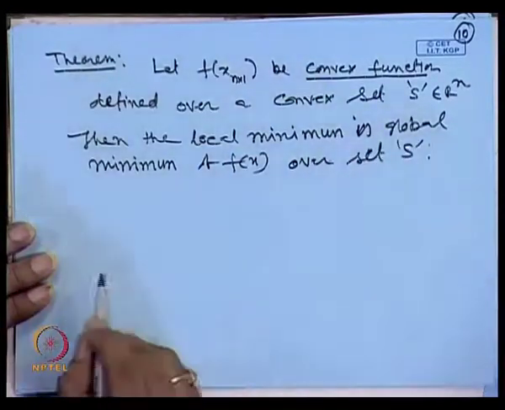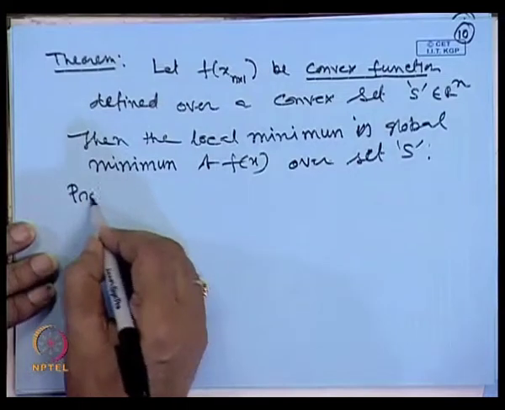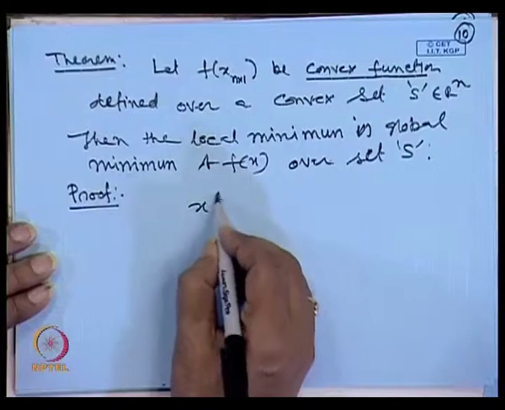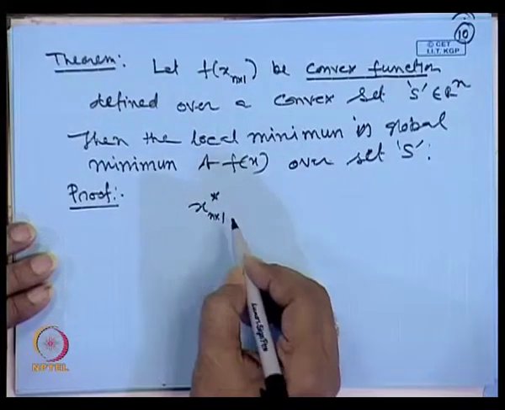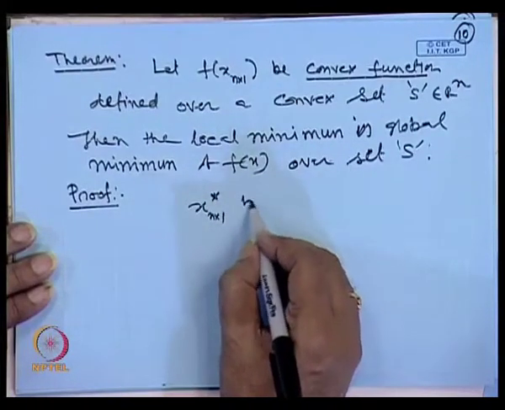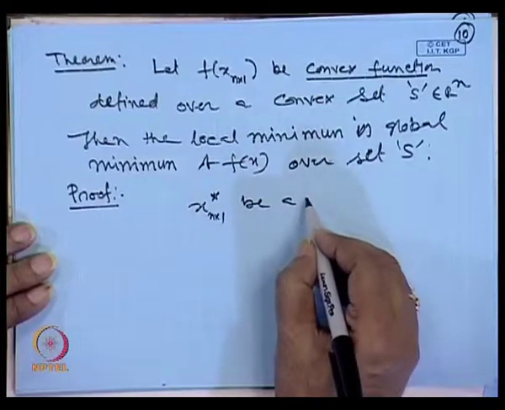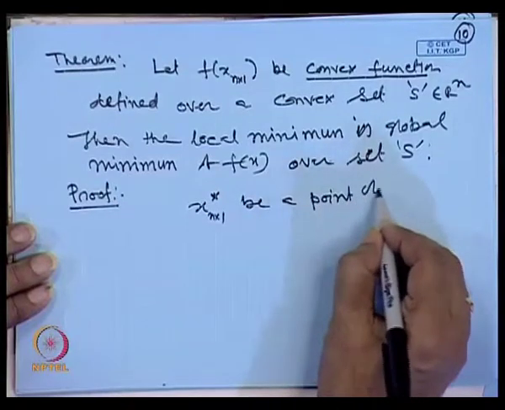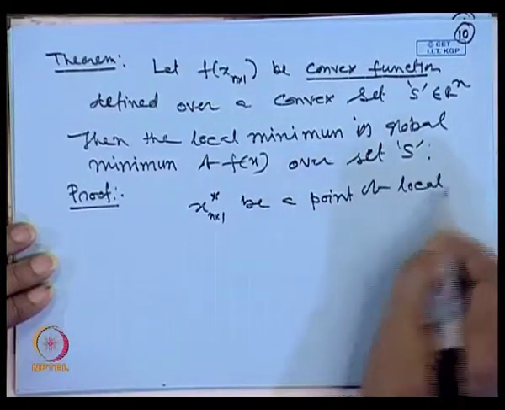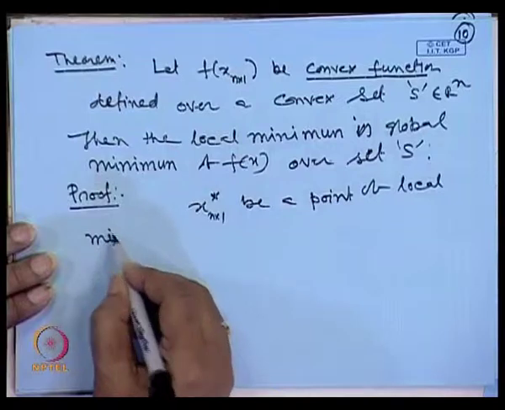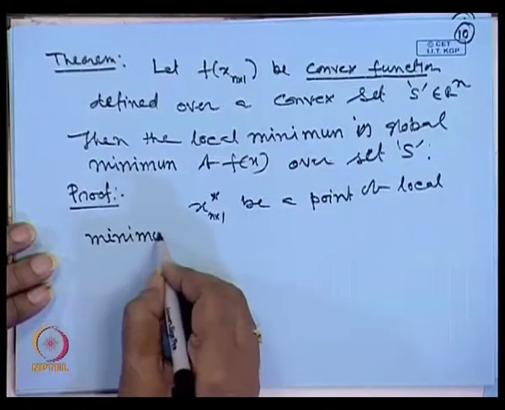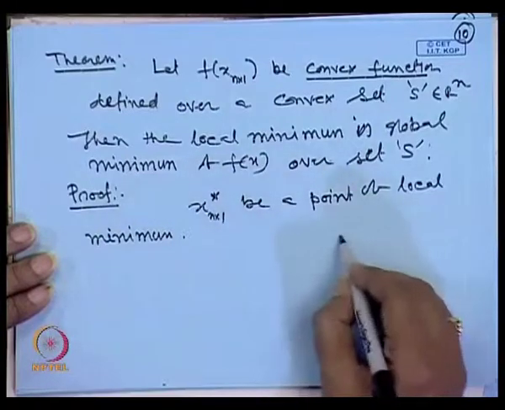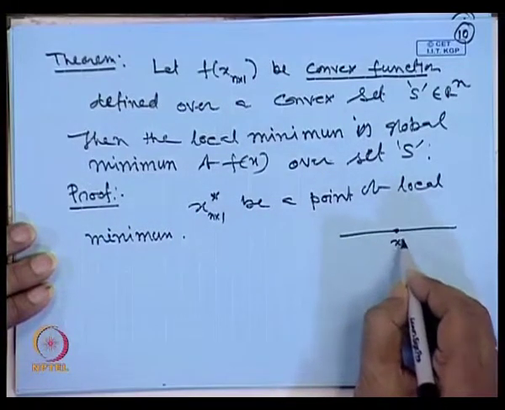So, the proof is very simple. Let us call x star, which is n cross 1, a point of local minimum. Agree? That means at this point x star we have a local minimum.